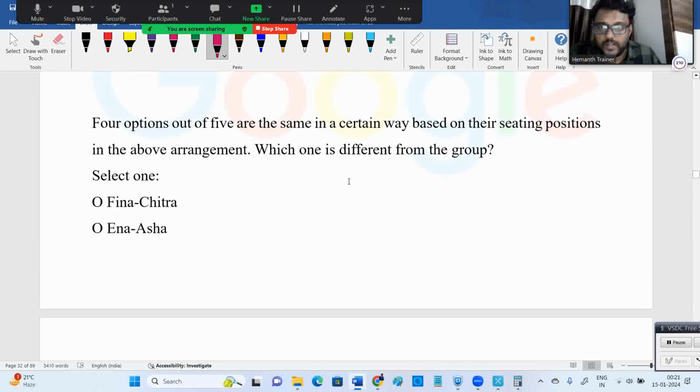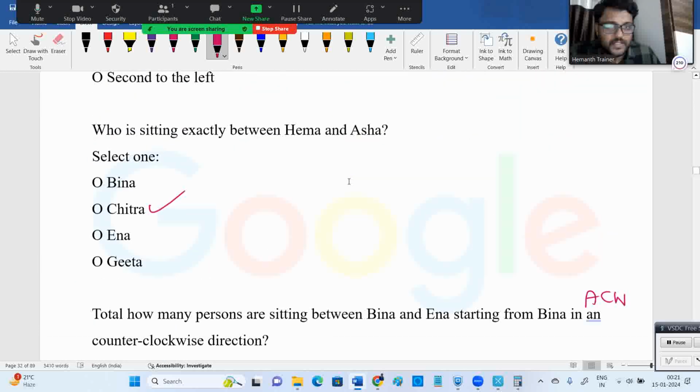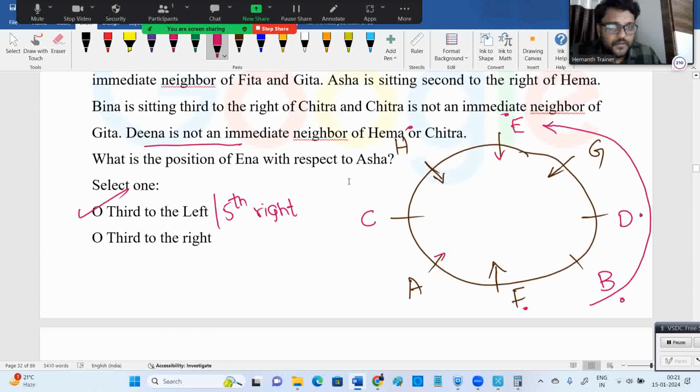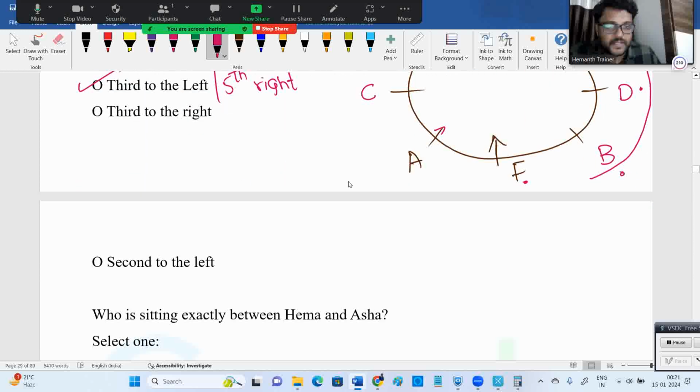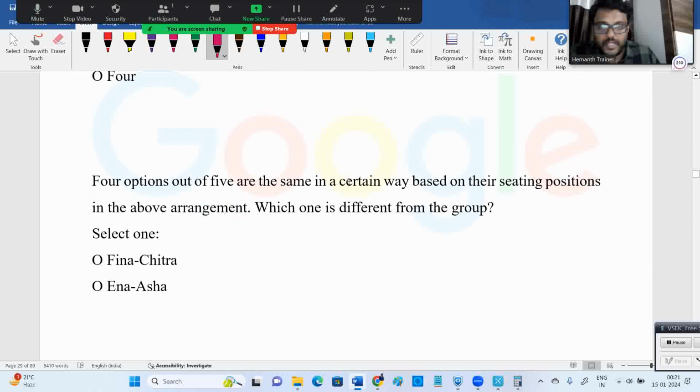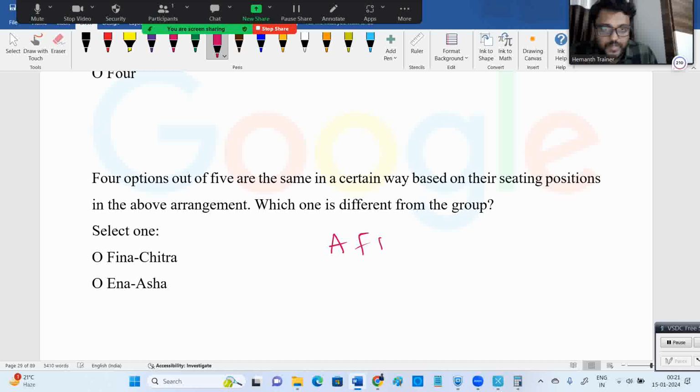Okay, fine. We'll better go with that arrangement. That list we have to write. AF, BD, GEHC. If I'm not wrong, I'll check again.